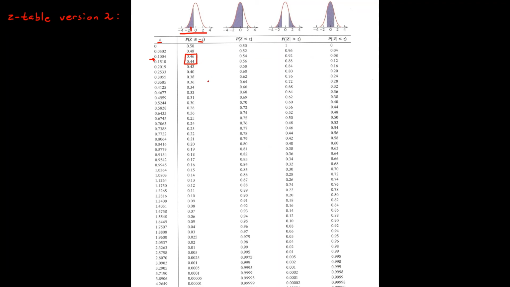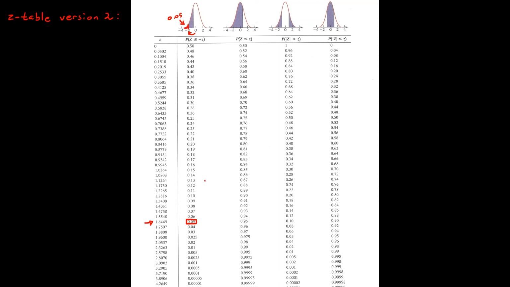But this table is often used in the way that you first decide on a probability. For example, the one-sided probability should be 0.05, and then you go down to 0.05 here, and you find how many standard errors away from 0 you have to go to have a tail probability of 0.05.